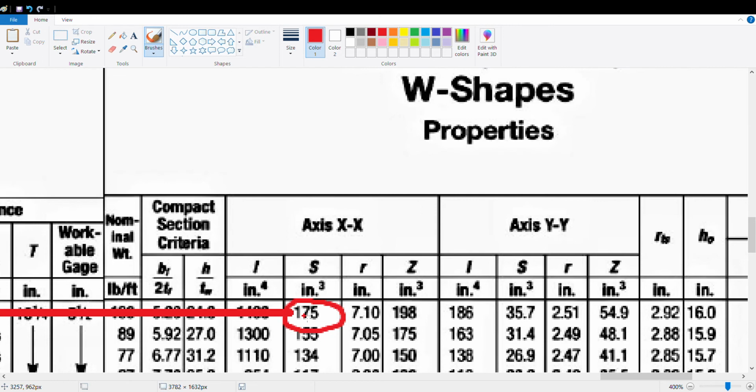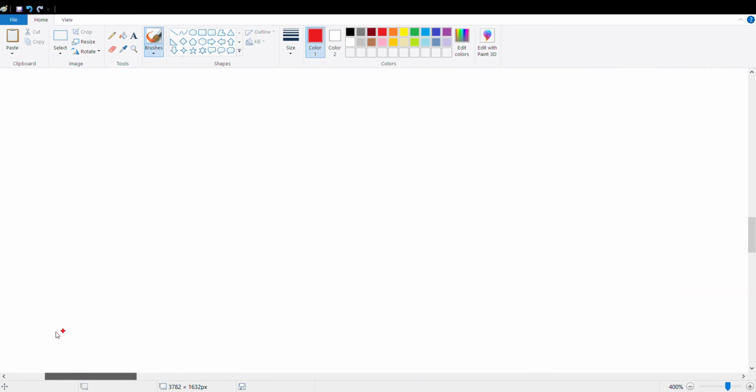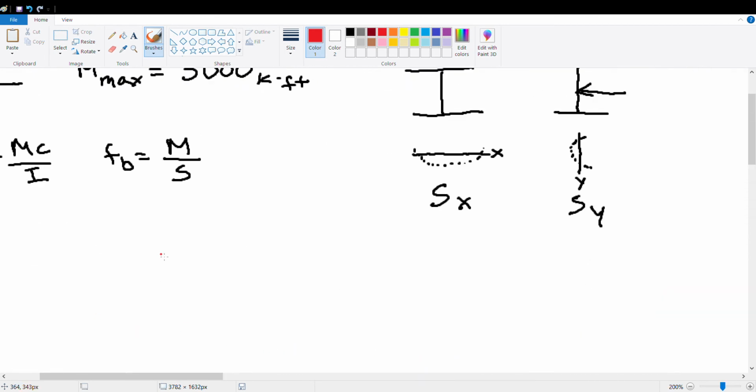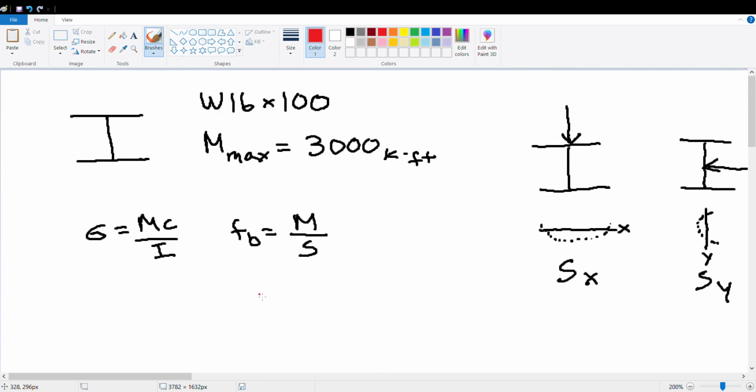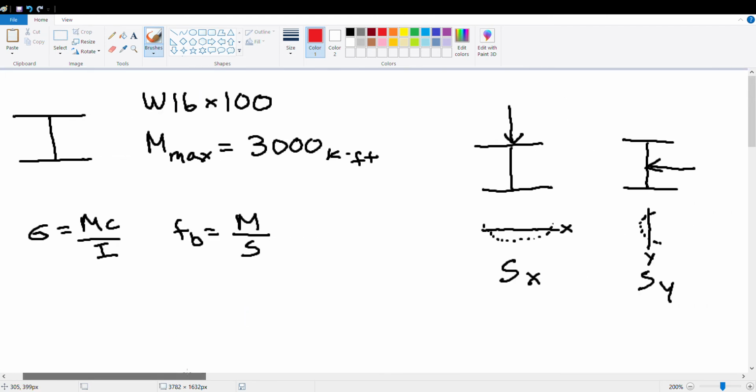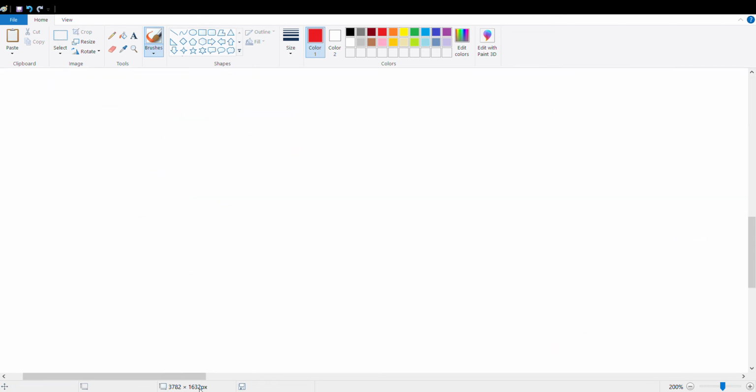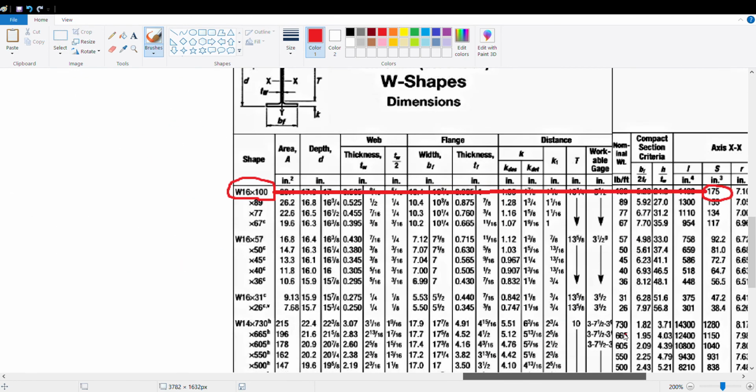It's strong axis bending, so this is 175 inches cubed, and that's it. You're pretty much done with your problem. All you have to do now is use this equation. You have the max moment, and now you have the section modulus, which is 175. Let's just double check. Yep, 175.